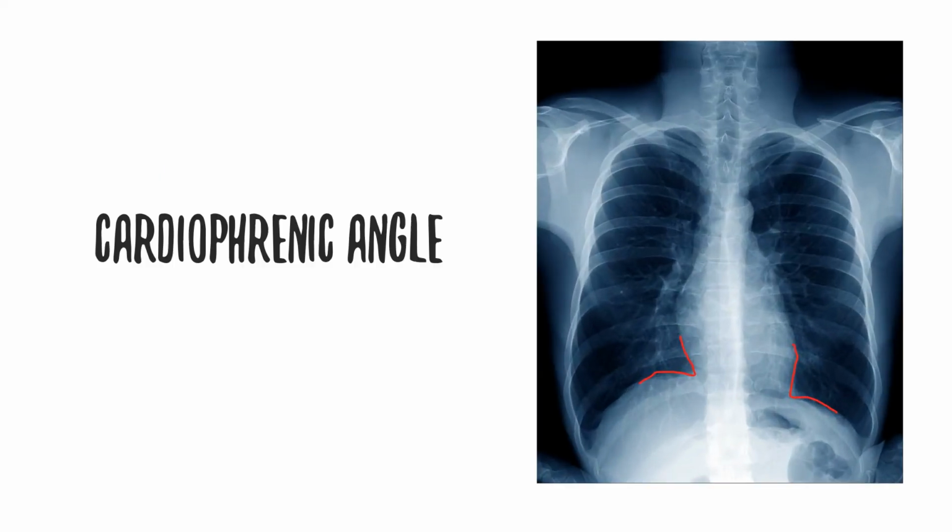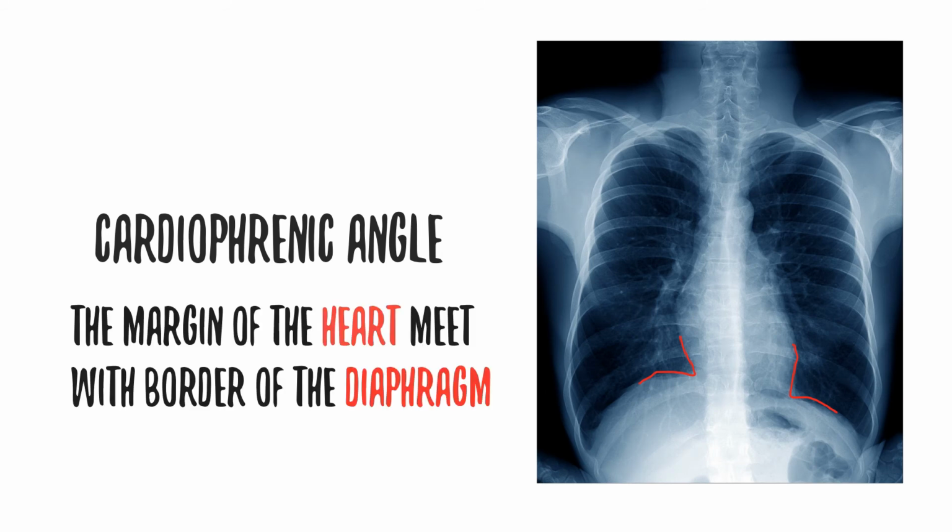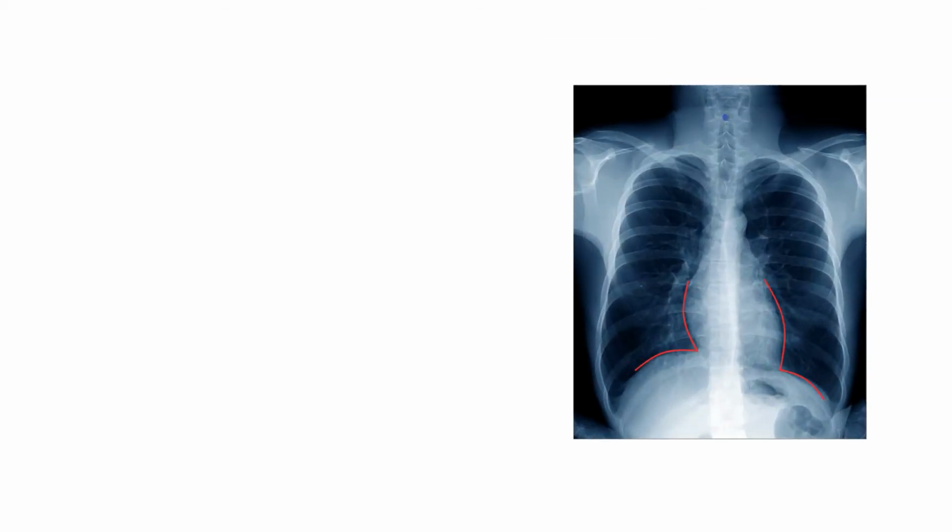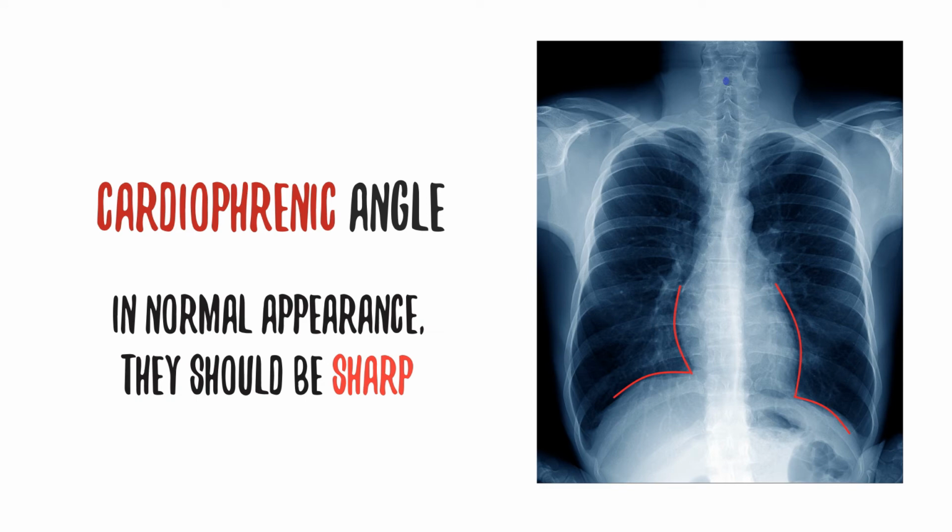The cardiophrenic angles are important angles which are used to interpret the chest x-ray. They're located at the point where the margin of the heart meets with the border of the diaphragm. You can identify both cardiophrenic margins on either side of the heart, and their normal appearance is that they should be sharp.